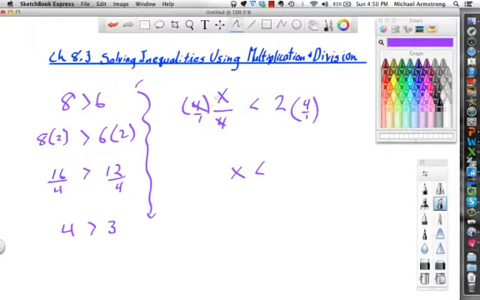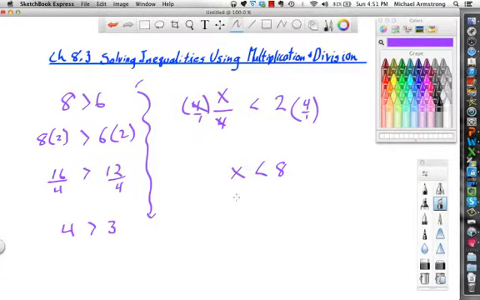And if x fourths is less than 2, then x is less than 2 times 4 over 1, which is 8. So x is less than 8.